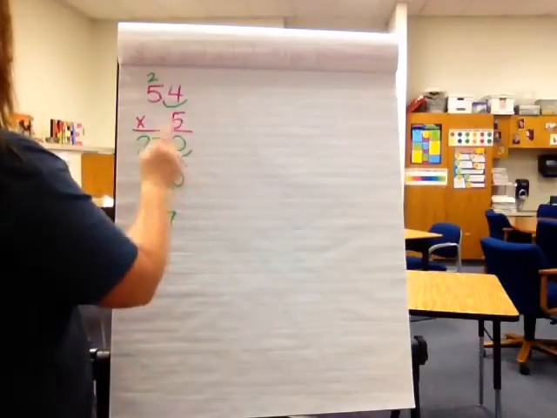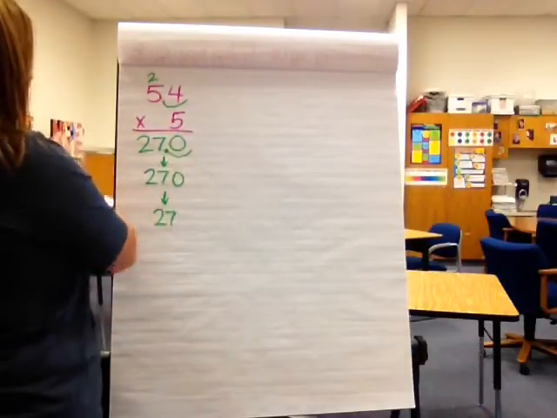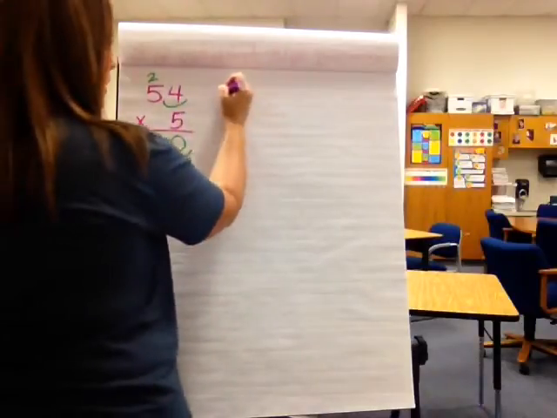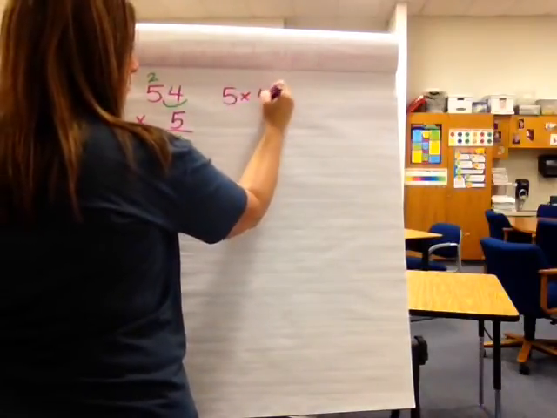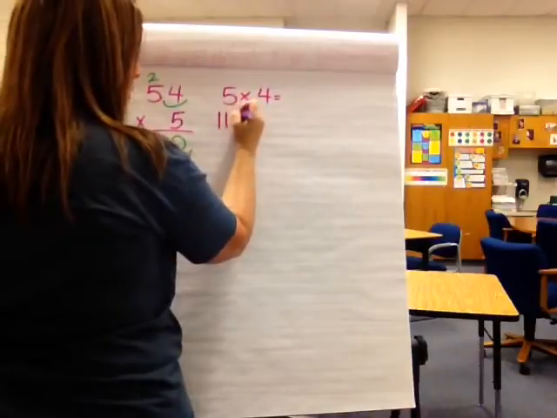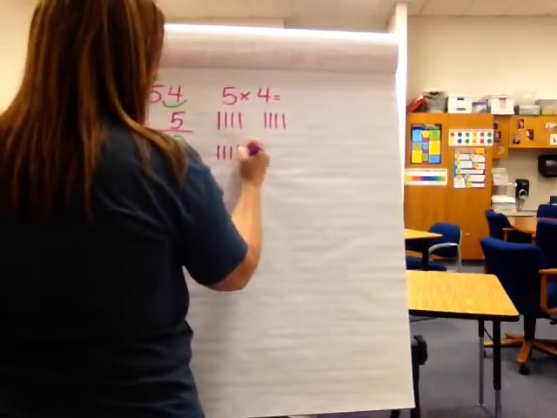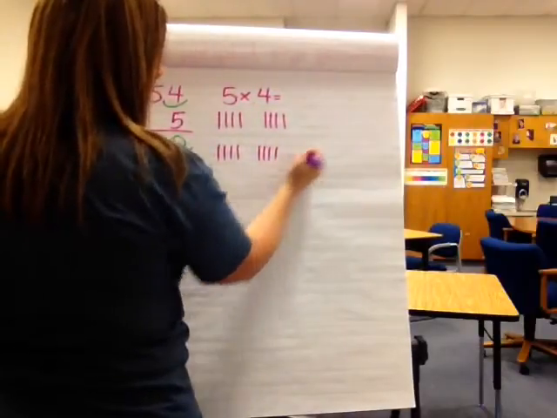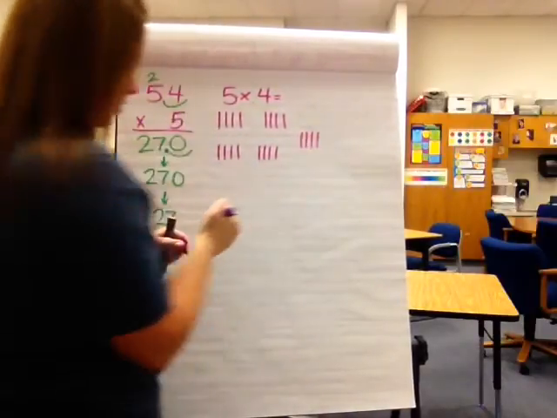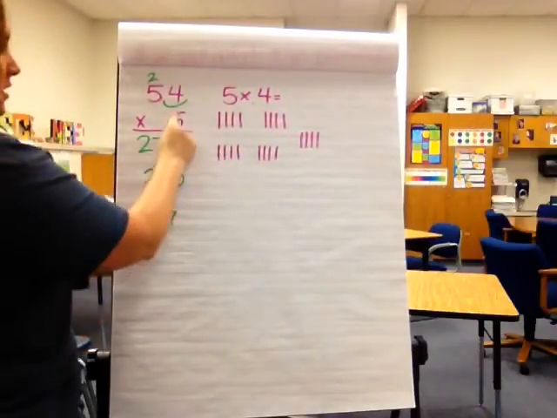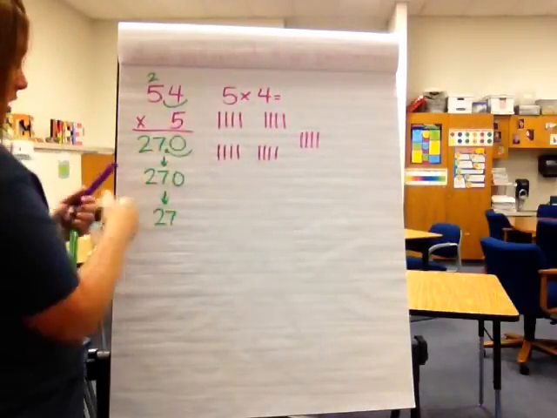Okay, so let me show you exactly what's going on. You're doing 5 times 4/10, which is the same thing as 1, 2, 3, 4/10, repeated, because it's 4/10 5 times. And that's exactly what's happening here. 5 times 4/10.